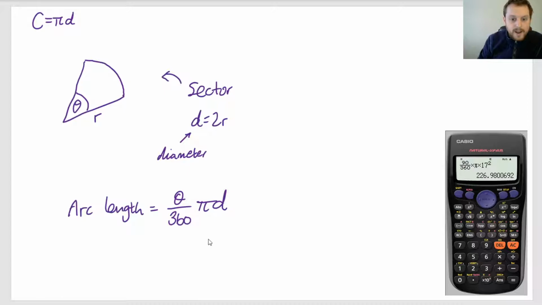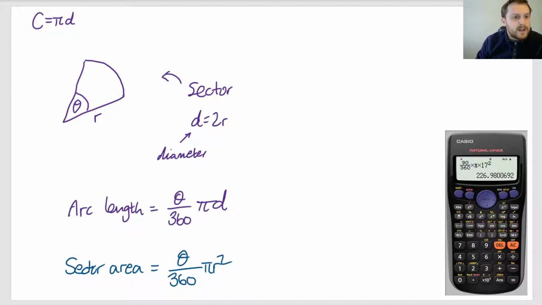So I'm just going to write down the sector area formula. So sector area is, well, it's a fraction, which is the angle that you're given out of 360 times, this time, the area, which is pi r squared. So it's very similar to this, except instead of the circumference formula, it's the area formula.